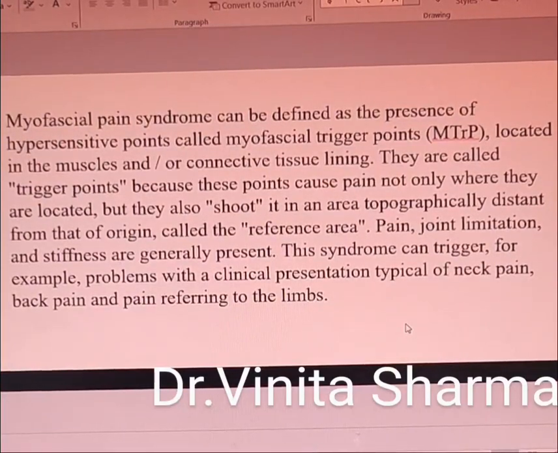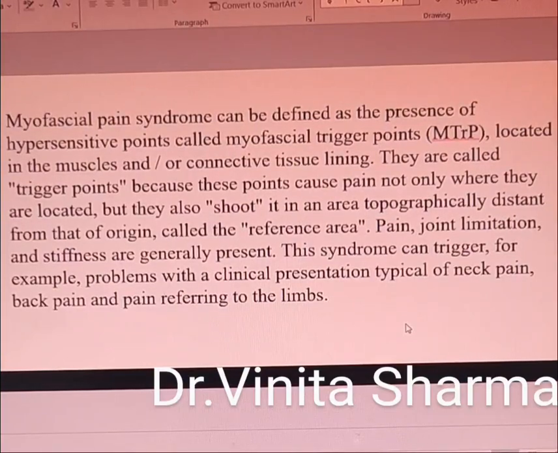And in trigger points one thing is important: a trigger point never gives you a specific pain. It may spread throughout the muscle, it may spread from one area to another area, which we call the reference area. So pain, joint limitation, and stiffness are generally present because of the trigger point.